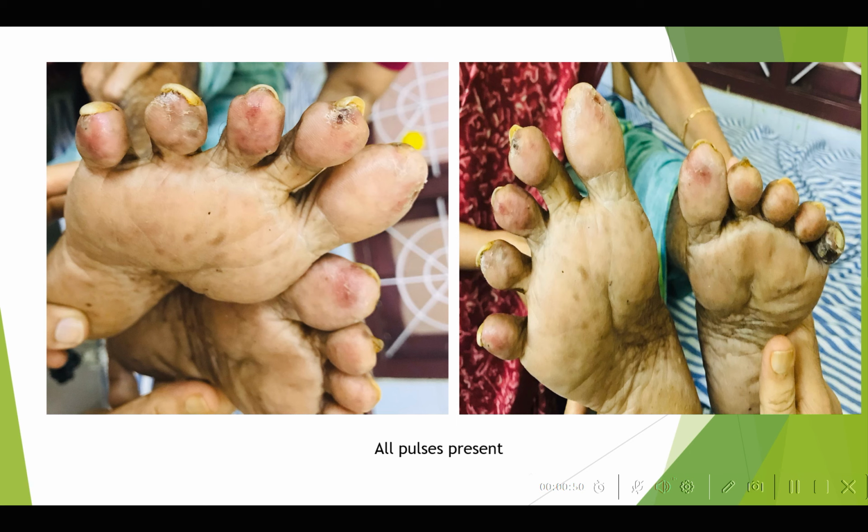So her pulses are felt distally, and now she is having multiple erythematous papules over her toes, possibly since she had a history of CAG which was done 4 weeks back.